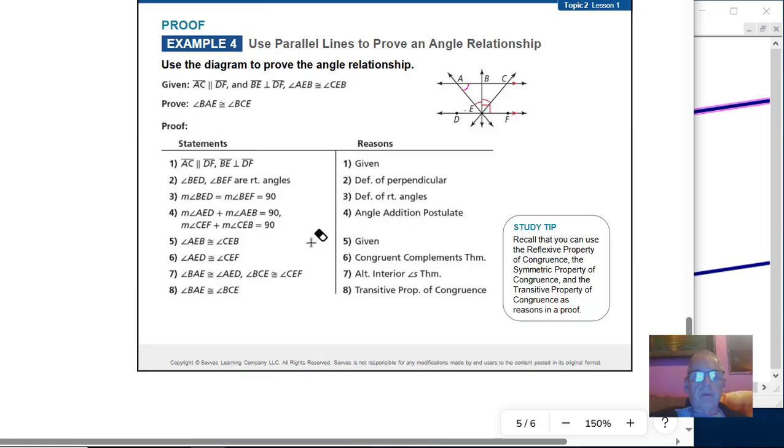That's given. So AEB and CEB are the same angle. So if we subtract those off of the 90, basically we've got that AED is congruent to CEF. That's our congruent complements theorem.